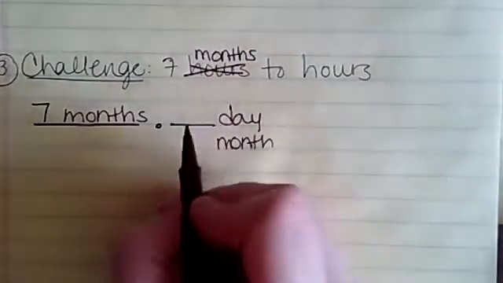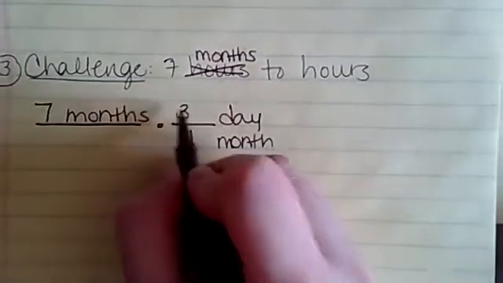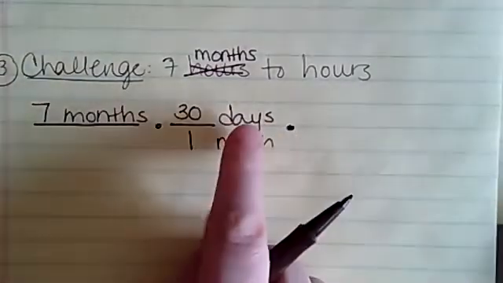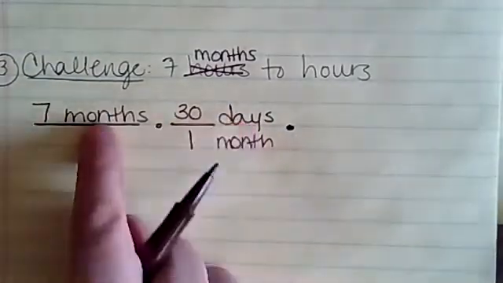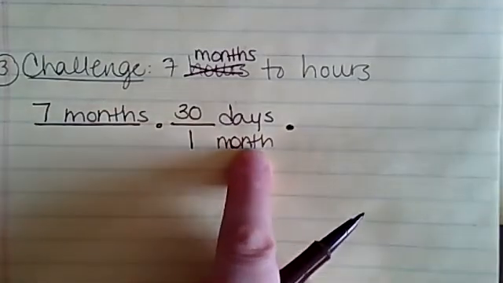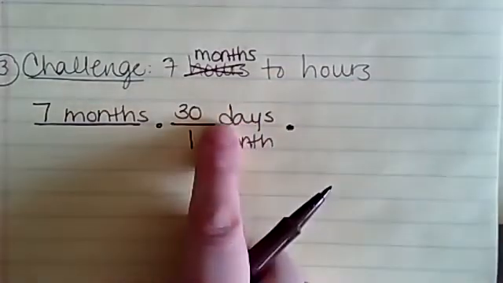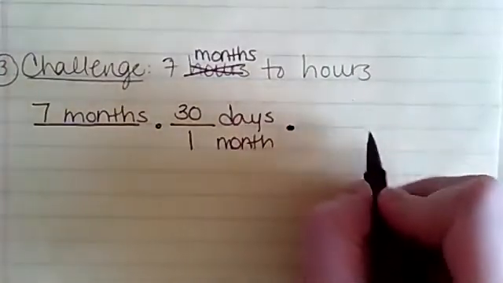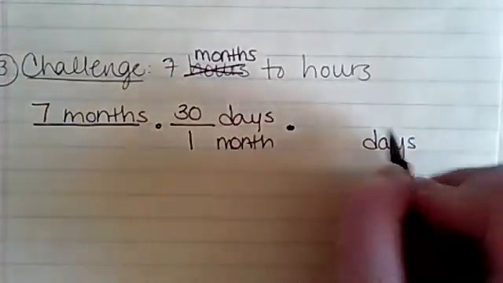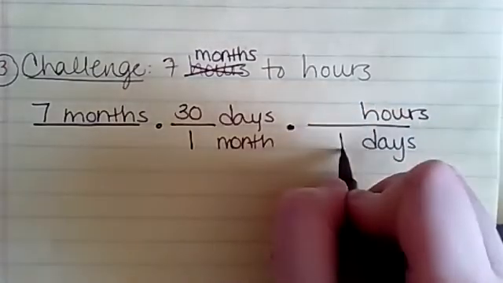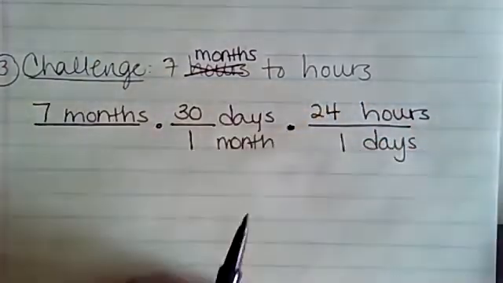So in 1 month, there are on average 30 days, okay? Now I need to get my days smaller because months cancel with months. So, okay, so I have days. So how many hours are in a day? Days has to go at the bottom, hours up top. I know that in 1 day, we have 24 hours.